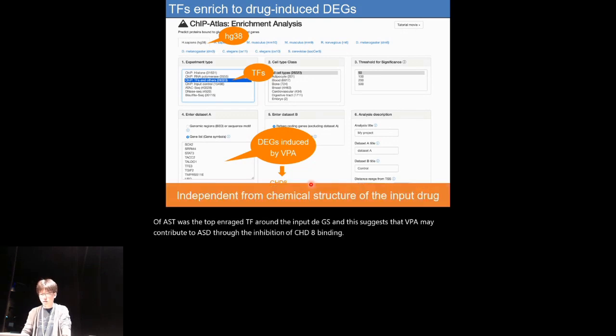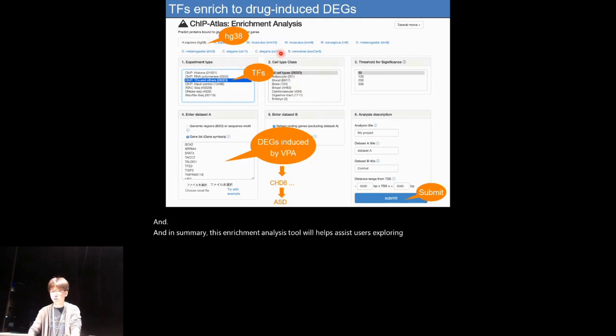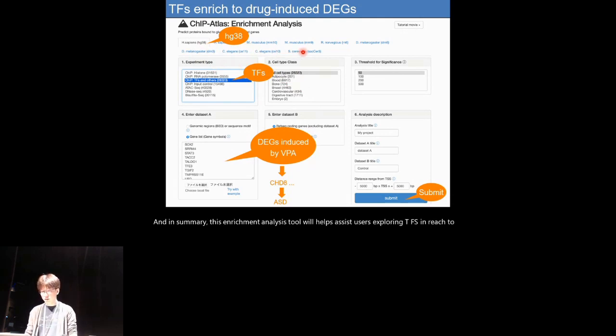And in summary, this enrichment analysis tool will help users explore TFs enriched to drug-induced DEGs, and therefore helps them to predict potential disease applicability and side effects of drugs.